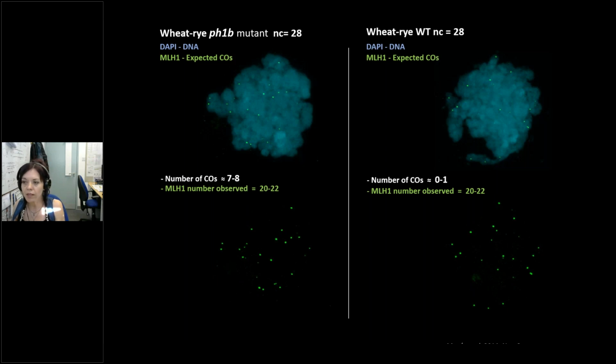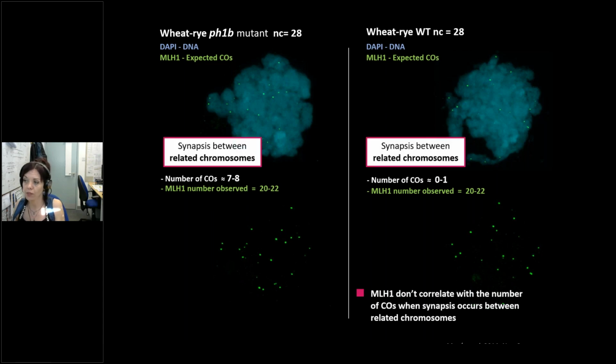So what we think might be happening is that when MLH1 is loaded on synapsed related chromosomes instead of homologs, for some reason, the MLH1 site can't be processed further as a crossover. So it seems that there is a kind of checkpoint here to avoid crossover between related chromosomes.